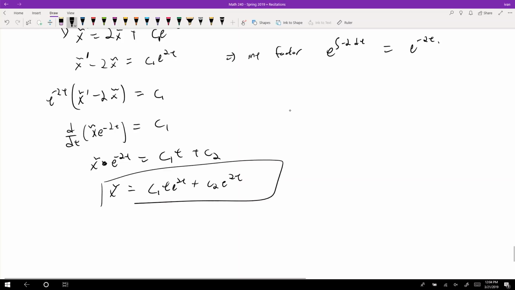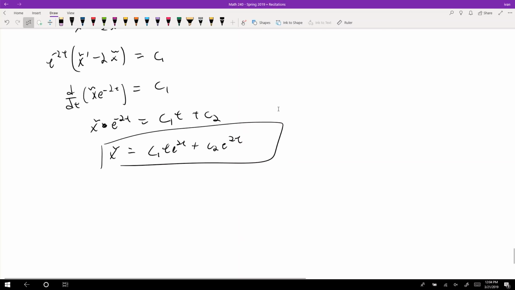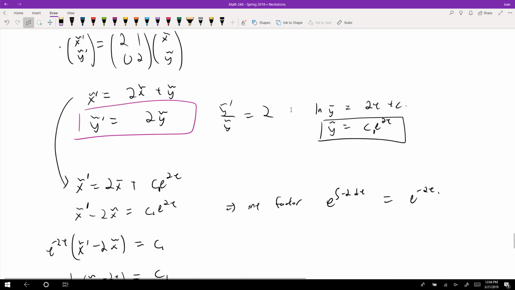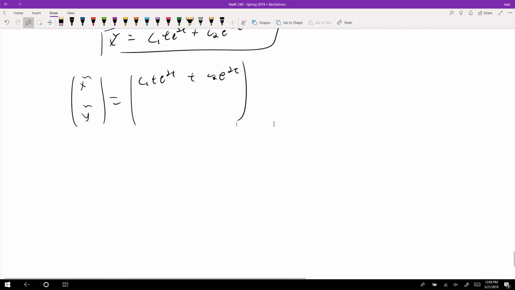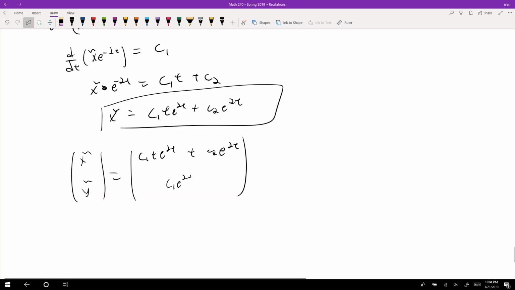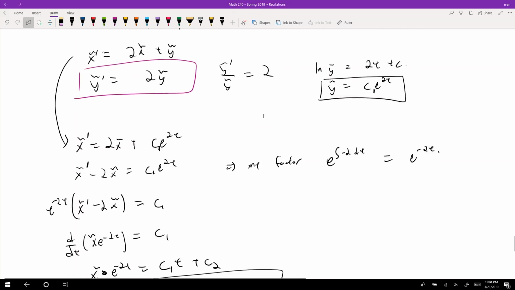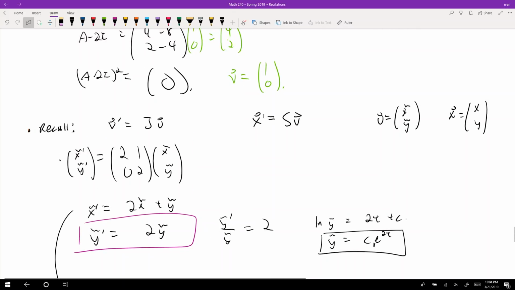So that's x tilde. All right, so now what do we have? We have the vector (x tilde, y tilde), where the first entry is c1 t e to the 2t plus c2 e to the 2t, and the second entry, remember, was c1 e to the 2t, which was y tilde. All right, we're almost done. The last step is we want to find x, right?